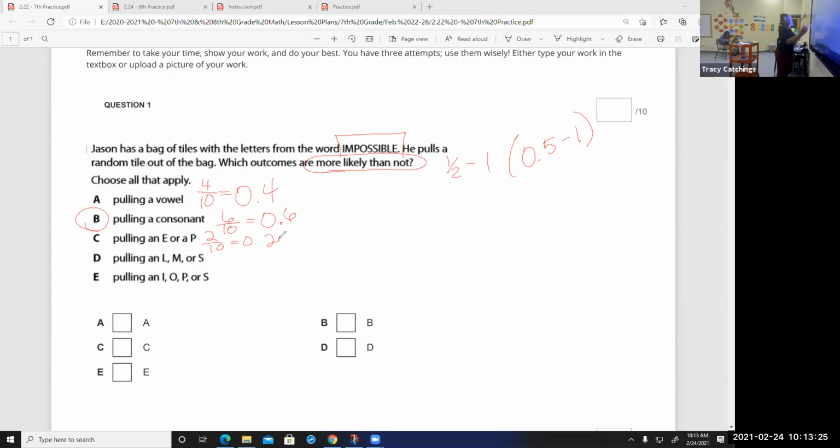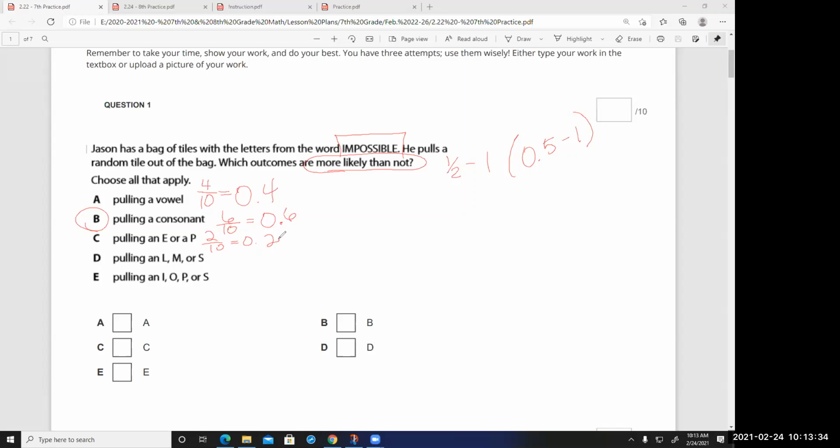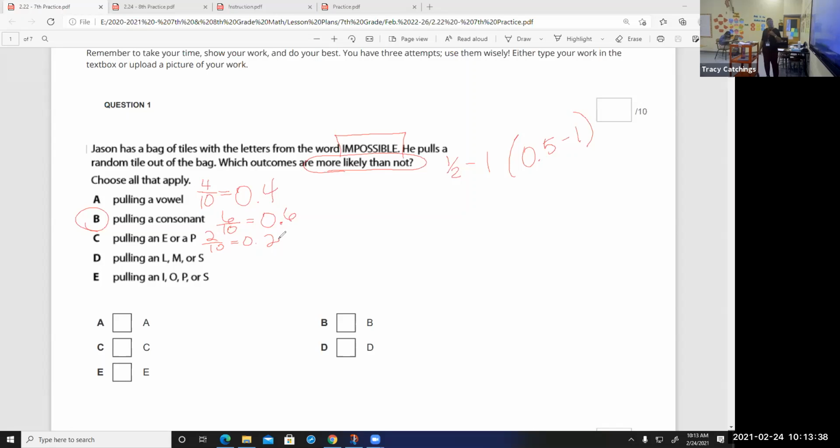Would 2 tenths be between 1/2 and whole? Pulling an L, M, or S? No. What you got for? 4. All right, so now we see why there's no IOPS.